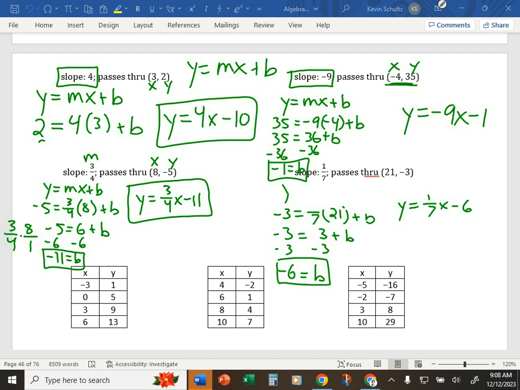I started by saying, here's the slope, here's the y-intercept. Then it was, here's the slope, here's an ordered pair, that is the y-intercept. Then it was, here's the slope, here's an ordered pair, not the y-intercept, solve for it. And then the next 7 are all, I only give you ordered pairs, you find the slope, which you've done before, and you find the y-intercept, which you've done before today. So the next 7 are nothing new.